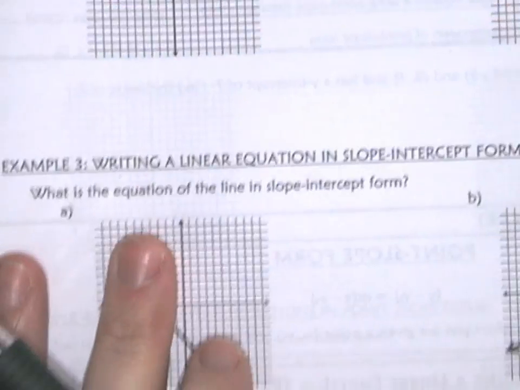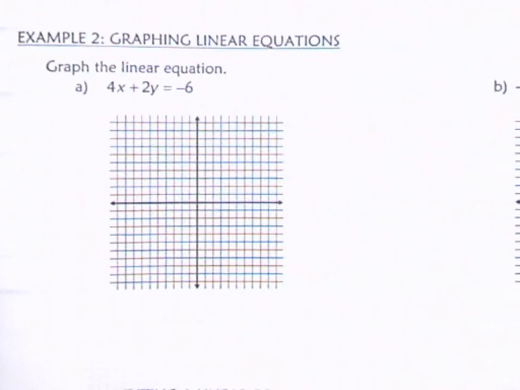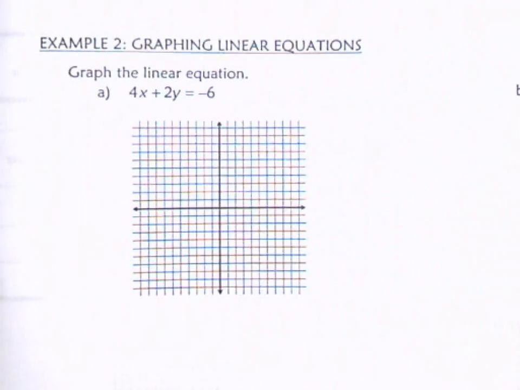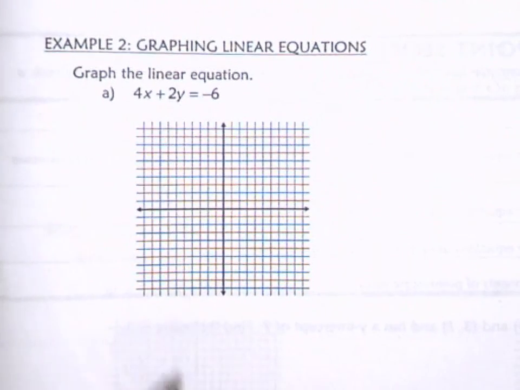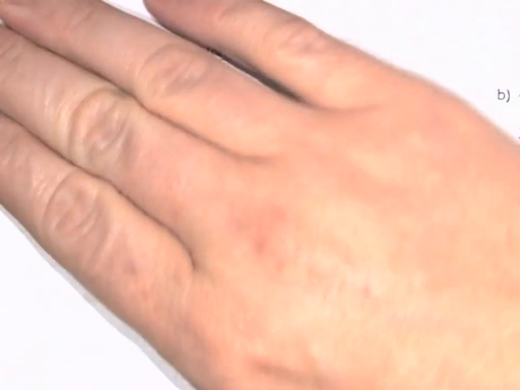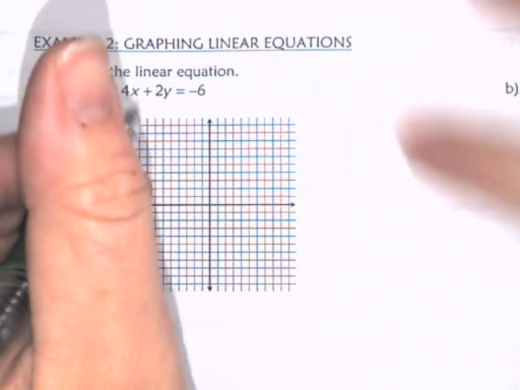Now, not all equations are given to you in slope-intercept form, but it would be easier if you could graph them in slope-intercept form. So this format is actually standard form, which we'll go over in another video. But I can use algebra and literal equations to solve this equation for y. So I'm going to do that on the side right here.